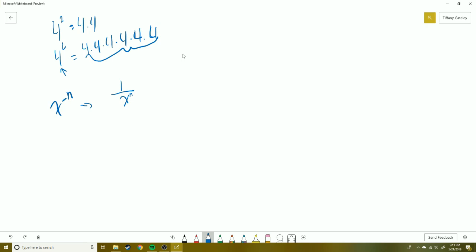So if you have 5 to the negative 2, that's telling you 1 divided by 5 divided by 5, which can be written as 1 over 5 squared. This is important to know because if you have a negative exponent in your numerator, then you can put it in your denominator and make it a positive exponent. So that's kind of like what we did here. We did the reciprocal.